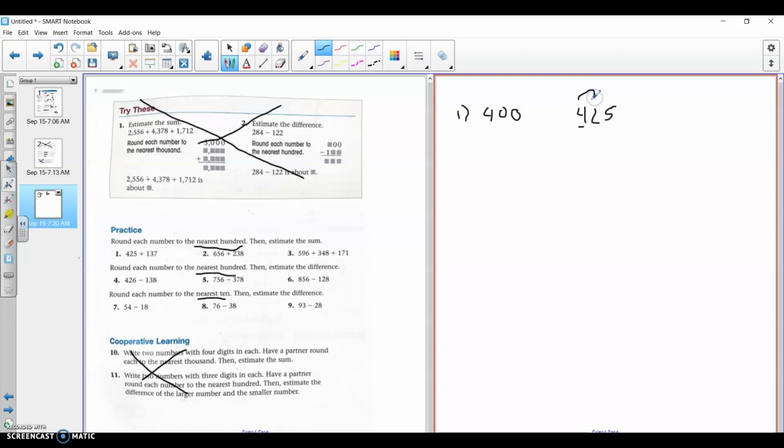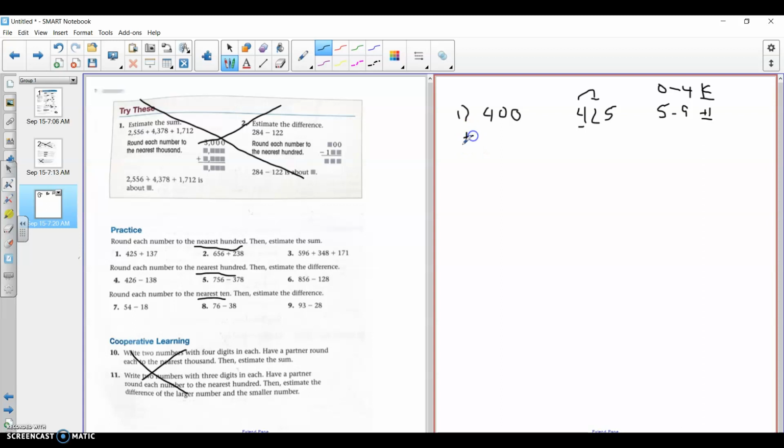Look over here. If the neighbor is 0 through 4, you are going to keep the underlying number. If it's 5, 6, 7, 8, or 9, you're going to take the underlying number and add 1 to it. In this case, I'm just going to keep the 4, and the 2 and 5 become zeros. So number 1 is 400.